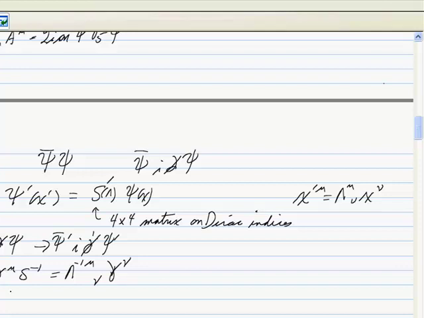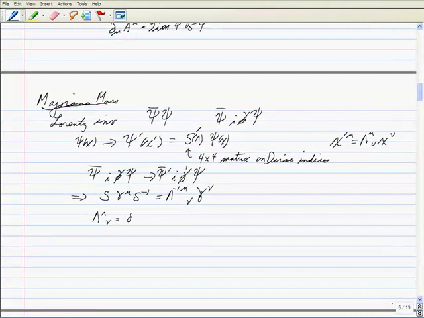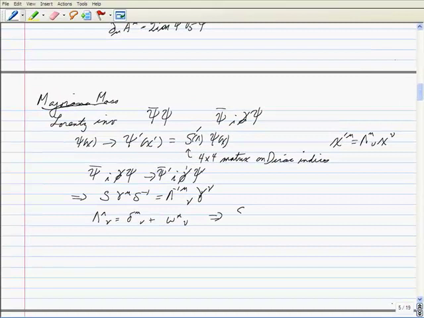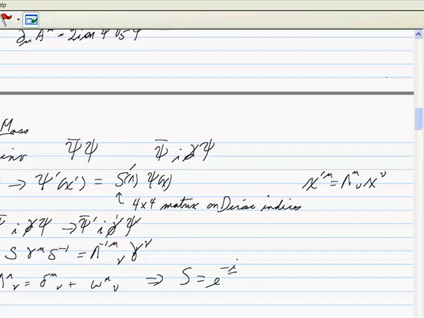Okay, so then there's a bunch of solutions. If lambda mu nu starts off as delta mu nu plus omega mu nu, some infinitesimal Lorentz transformation, then by doing a series of infinitesimal Lorentz transformations, S turns into e to the minus i over 4 omega mu nu sigma mu nu, where those are the sigma matrices, the commutators of gamma mu and gamma nu.